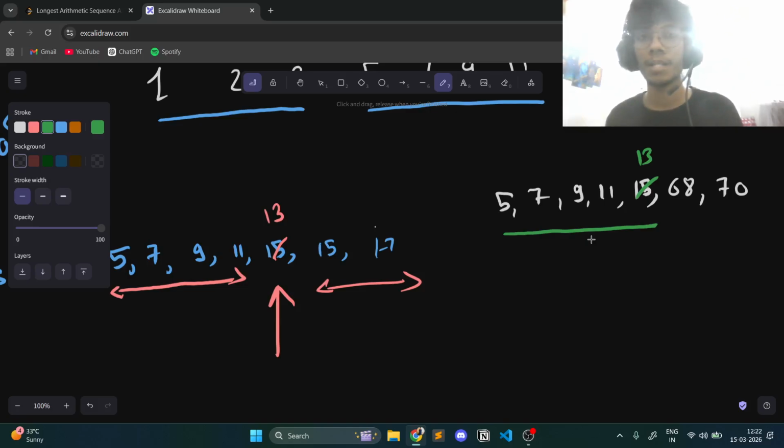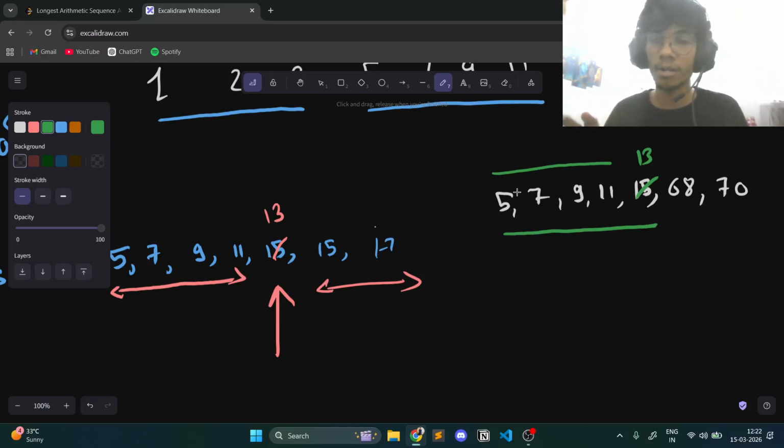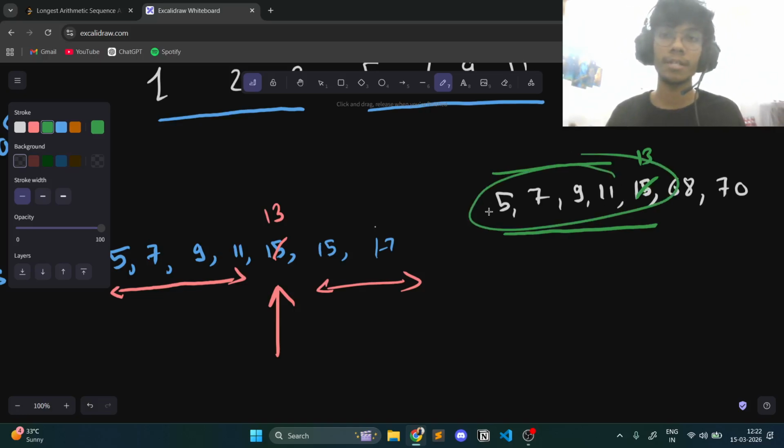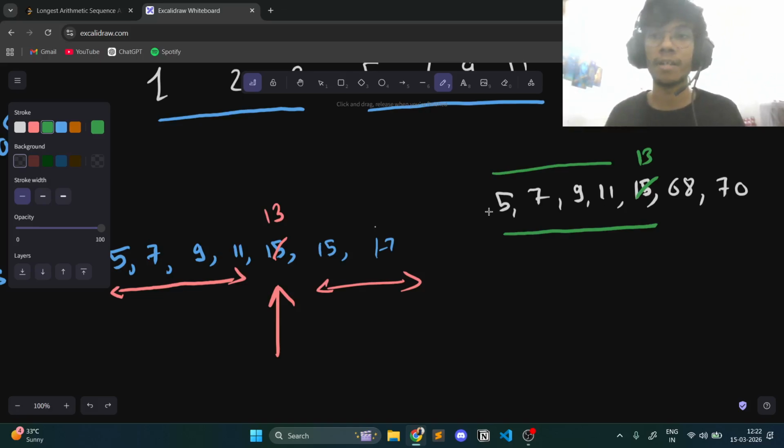This was the length of the left subarray that was valid, because all the differences between adjacent elements were constant, and so we just changed this particular element and extended the left subarray by 1.